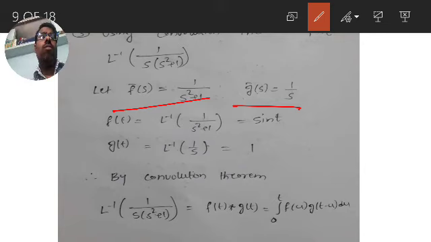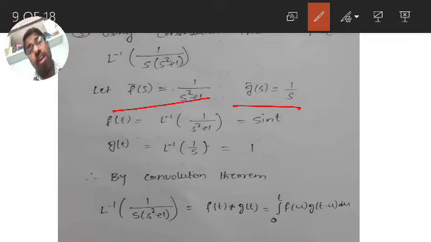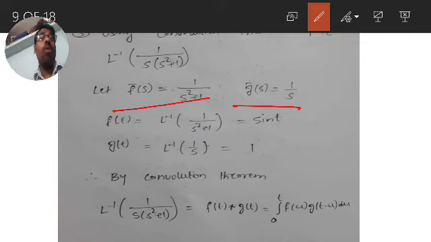Okay, so now what is f of t? L inverse of 1 by s square plus 1. 1 can be written as 1 square. So, which standard formula are we using here? Knowing the formulas is very, very important, guys. From the first class onwards, when I gave you the 8 standard formulas, I have been telling you that you have to learn all 8 standard formulas by heart, then only can you solve the problems.